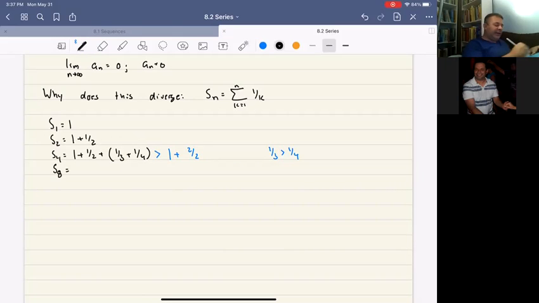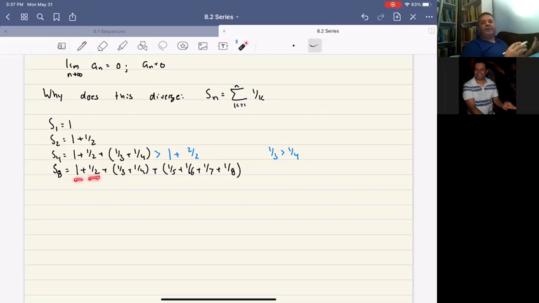All right, S sub 8 equals 1 plus 1 half. We're good. Let's group these again together. 1/3 plus 1/4 plus, now we're going to group the other terms together. Let me write them down. Okay, here, 1 plus 1 half. Good. We already got that this is bigger than 1 half, right?